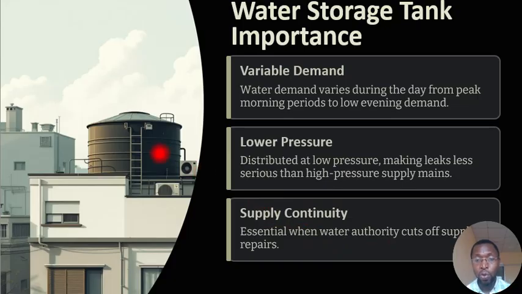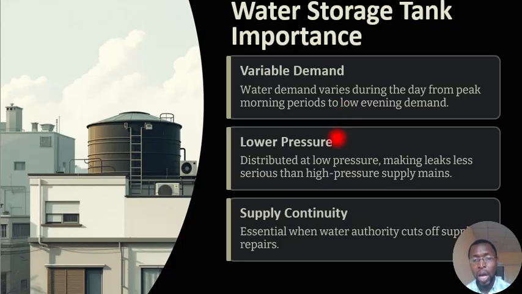That's according to the name, to store water. Number two, variable demand. Water demand varies during the day from peak morning period to low evening demand. So by the time you have water stored in your water storage tank, whether you need it more in the morning or more in the evening, you always have access to the water because it's already stored.